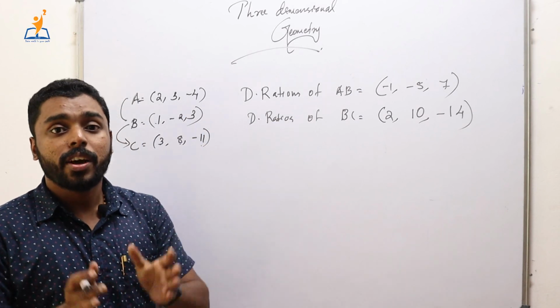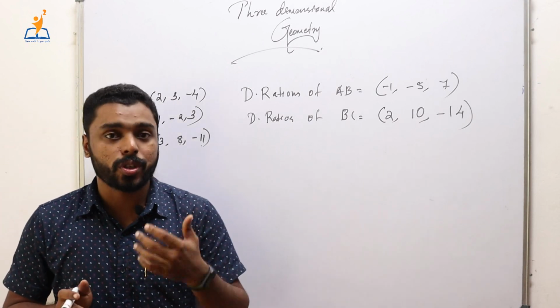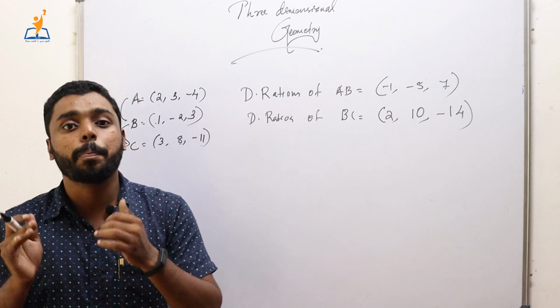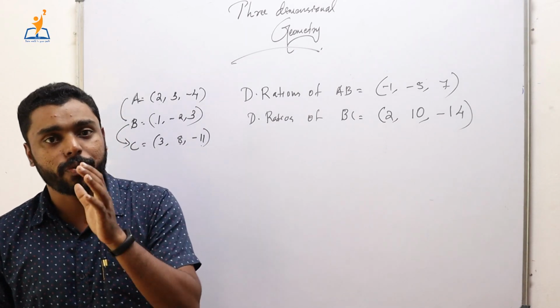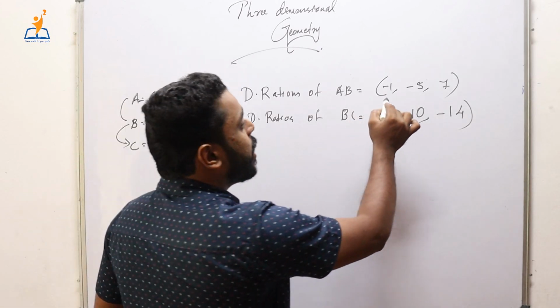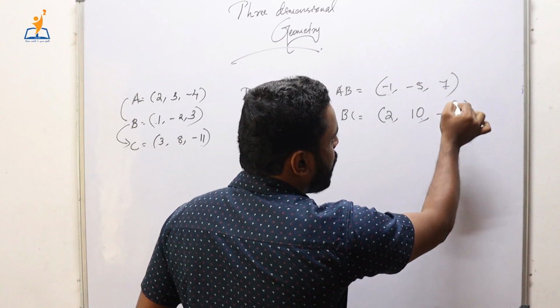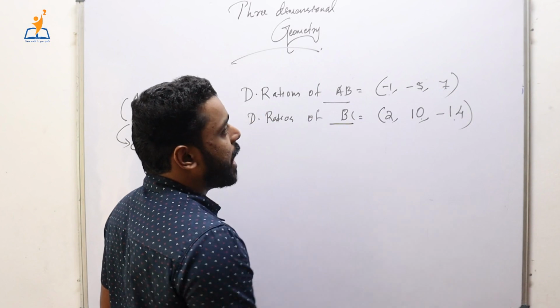Also I told you that whenever we are given 2 or more direction ratios of a single line, all the sets are proportional. Then only we can say that all the sets are the direction ratios of a single line. See here, minus 1, 2, minus 5, 10, 7, minus 14.